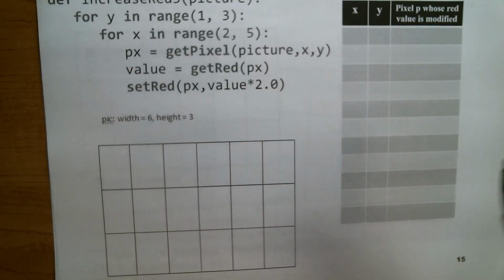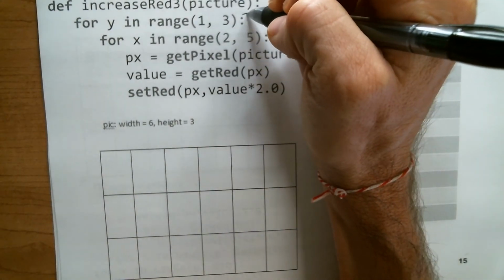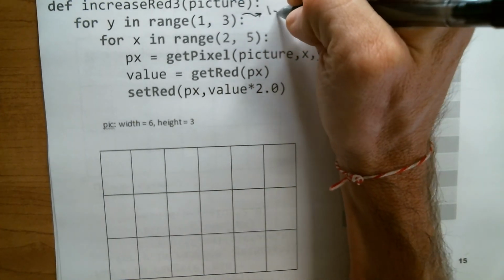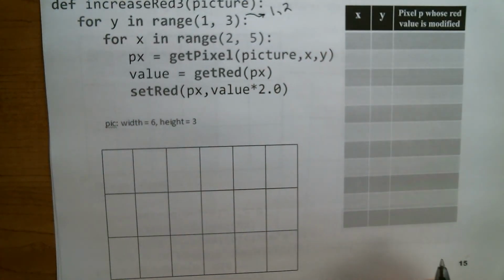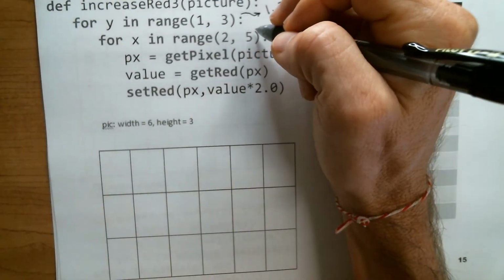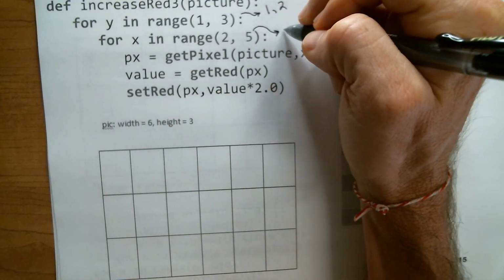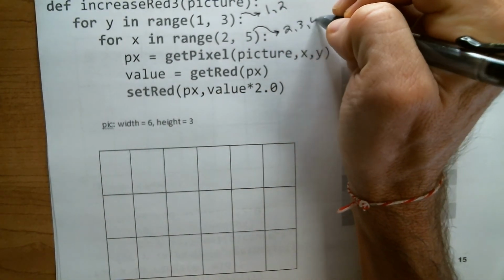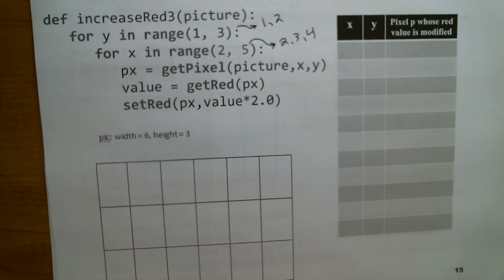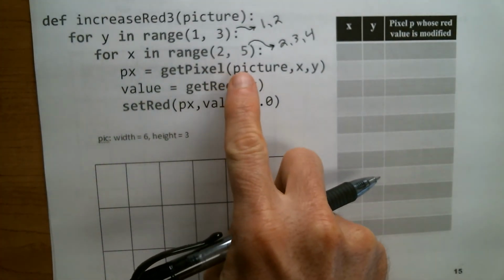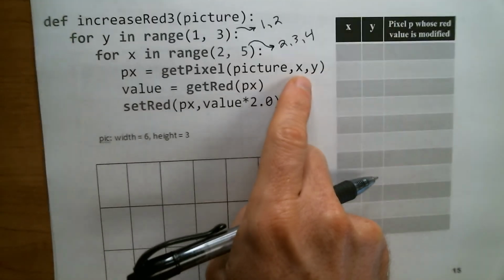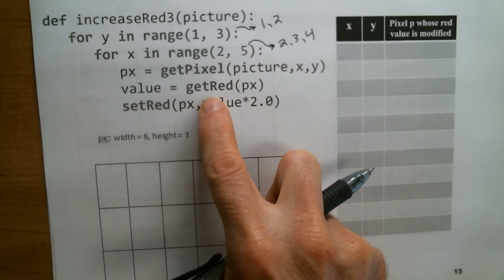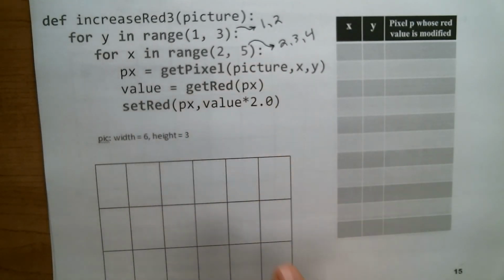I'm putting in specific values. I've got a range right here that's going to start at 1 and stop at 2, and a range right here that's going to start at 2 and stop at 4. But this code is pretty much all the same. I'm going to those coordinates, getting the red value, and setting the red value.